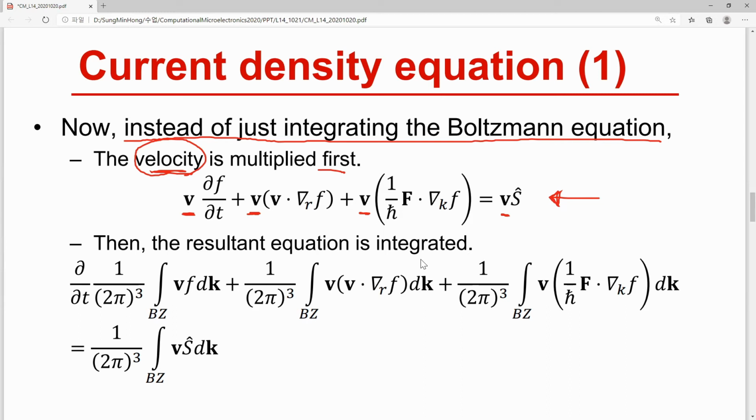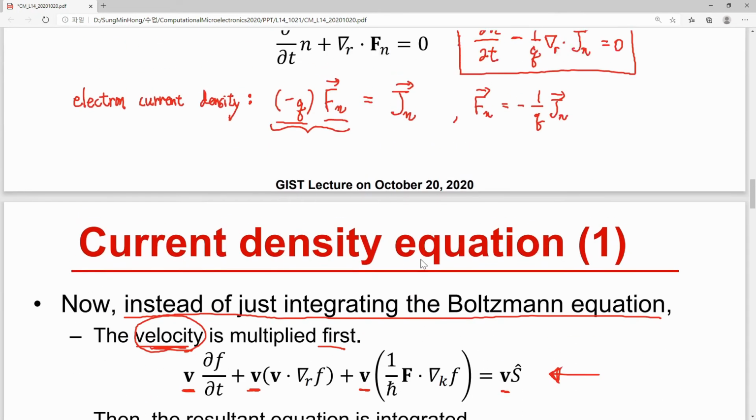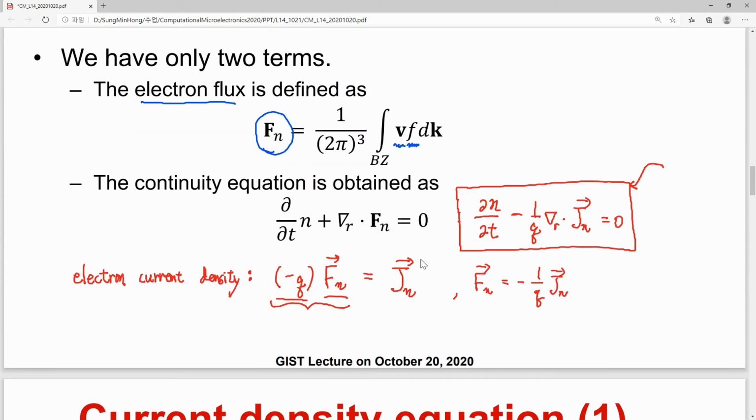However, the main motivation for us to multiply by velocity instead of other quantities is that when we talk about the motion of electrons, or when we count the change of electron density, then obviously we have to understand Jn or F sub n, and this is nothing but the integration of velocity times f.